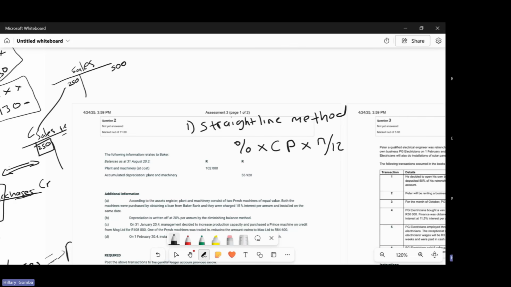The second one is your diminishing balance method, also known as the carrying or book value method.